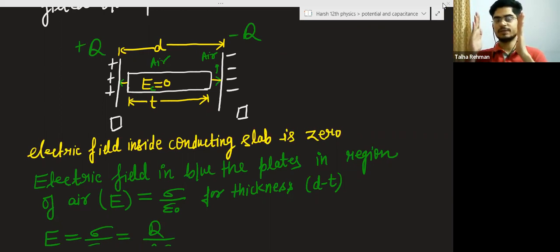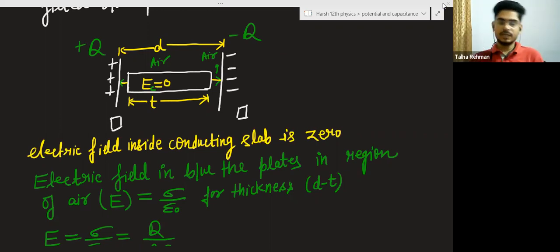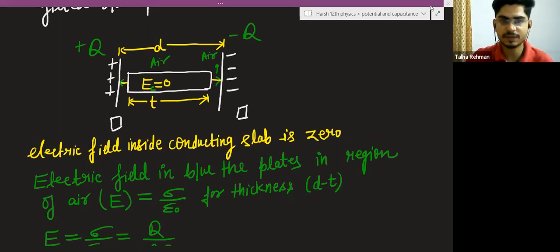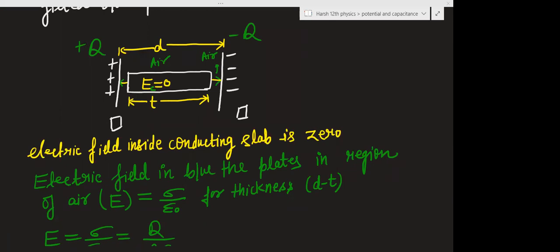The electric field inside the conductor is zero, so it will just be in the region outside. In the region of the conducting slab the electric field is zero, but there is an electric field in the air between the plates. That electric field we are calculating.